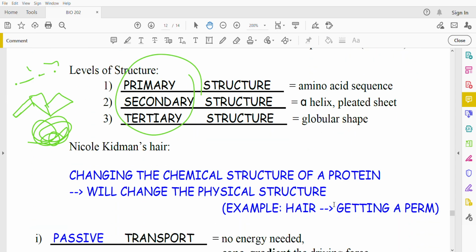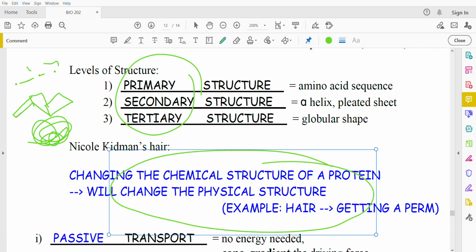And again, we see this thing about Nicole Kidman's hair. I do think that that would make a really good extra credit question.